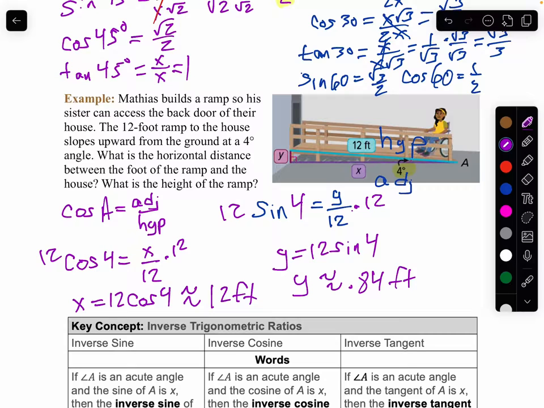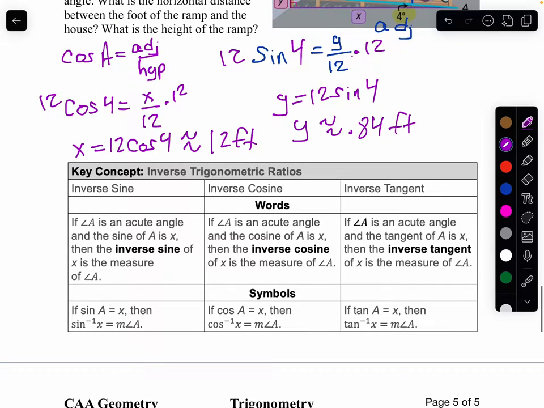Now, what happens if I want to find the angle? Well, what I'm going to do is use what are called the inverse functions. Most of your calculators will have this on it. The inverse function on most calculators is like a second function, so you have to hit second to get it.